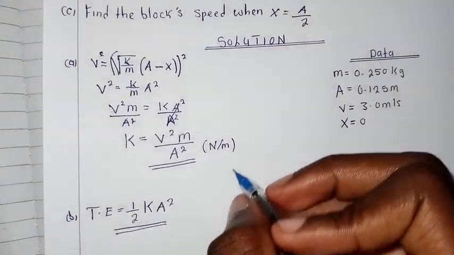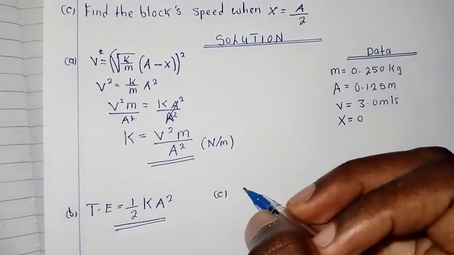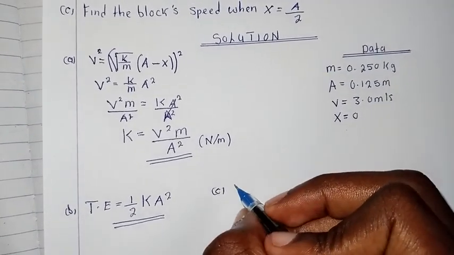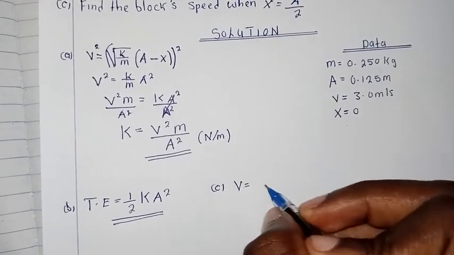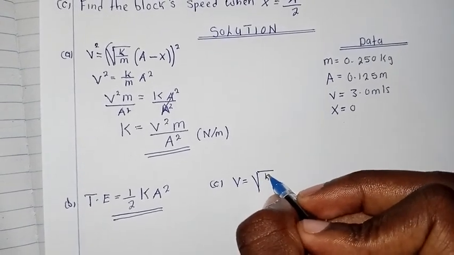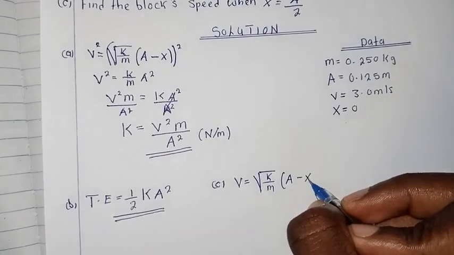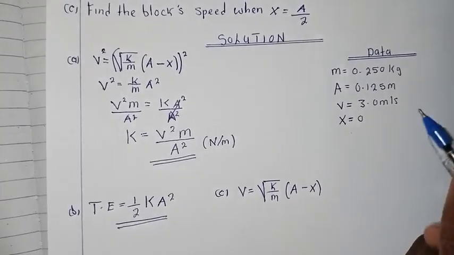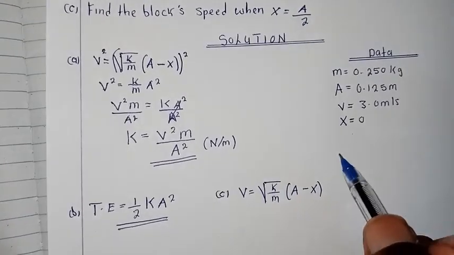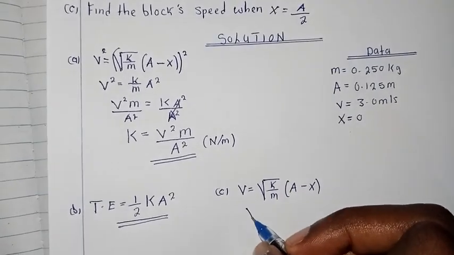We get to C. C is very simple. The only thing you have to do is simply to use this same formula. You can use this formula, A minus X. Now this time around you've been told that your X is A over 2, which is simply half of this amplitude.